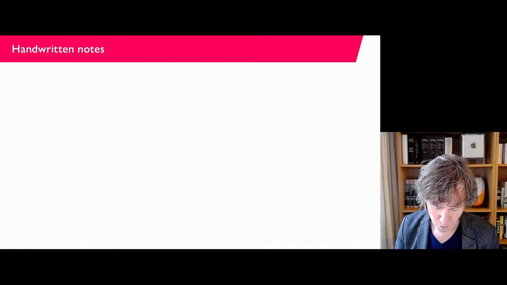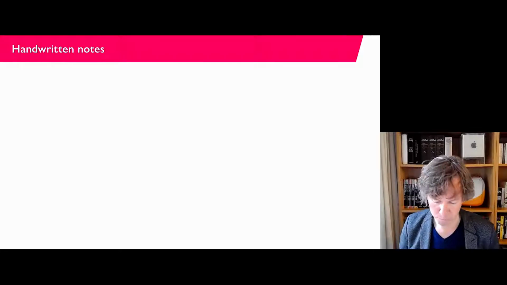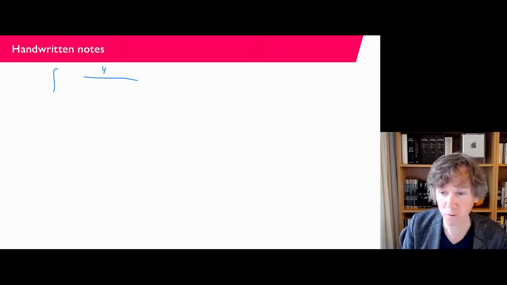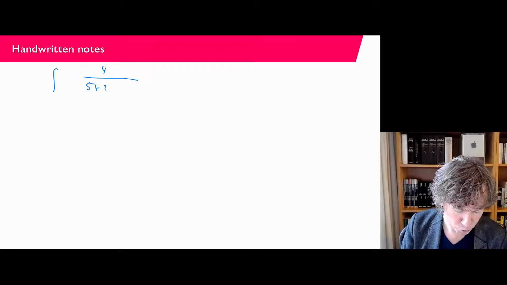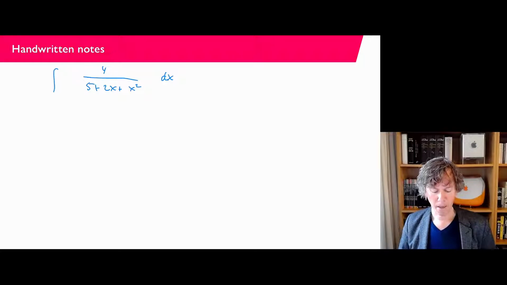Okay. So the question we have here is how to integrate the function 4 over 5 plus 2x plus x squared dx.